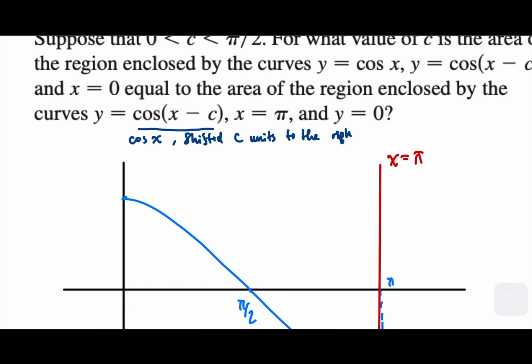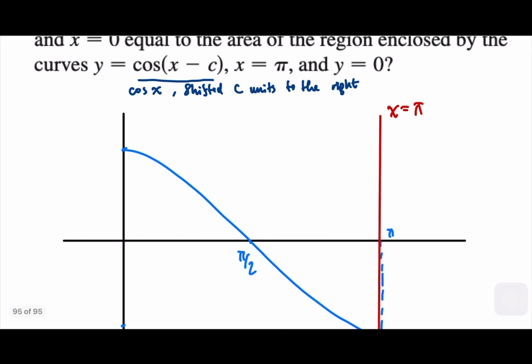So if this is the maximum of cosine, 1, this point will be moved out, maybe around here. Maybe this will be our c units.